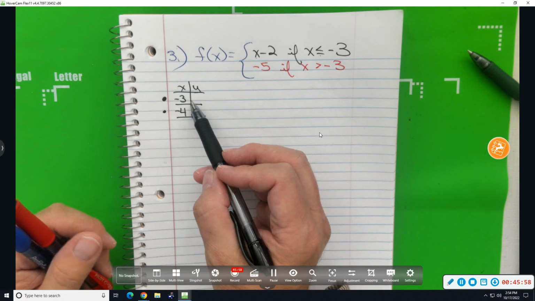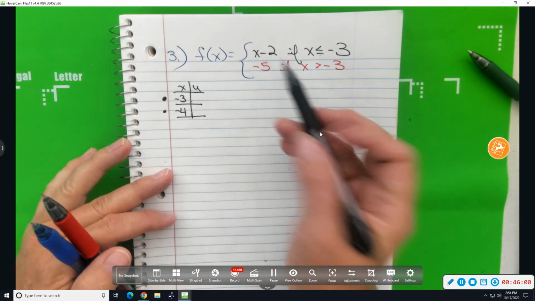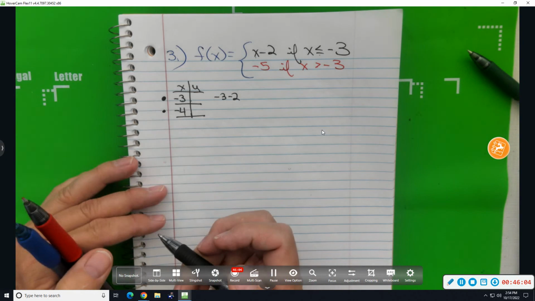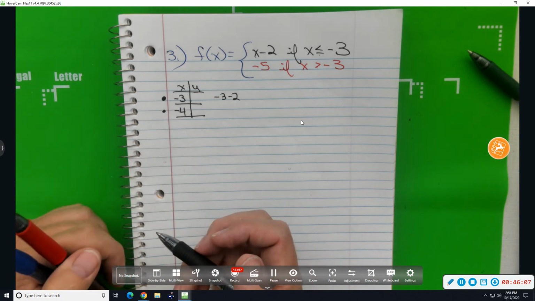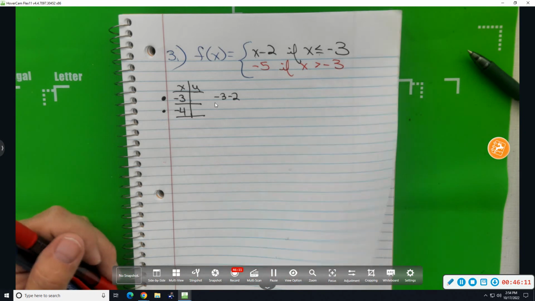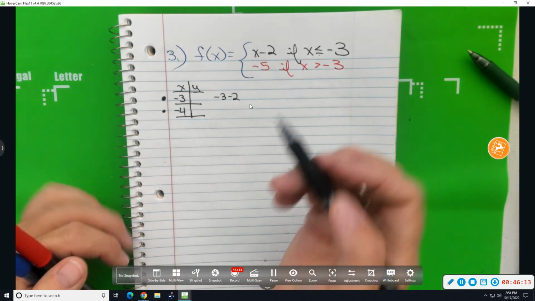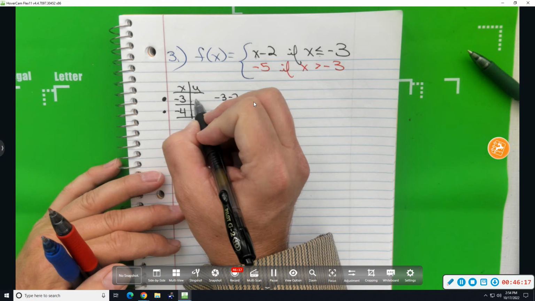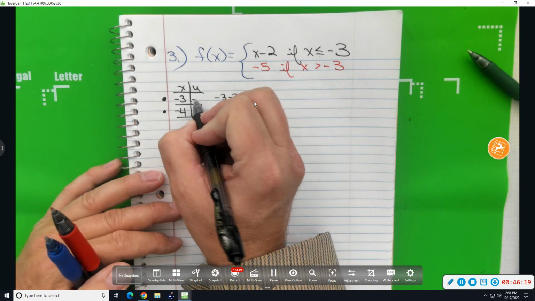Plugging in negative 3, we get negative 3 minus 2. What's that going to give me for y? Negative 3 minus 2 is negative 5, I agree.